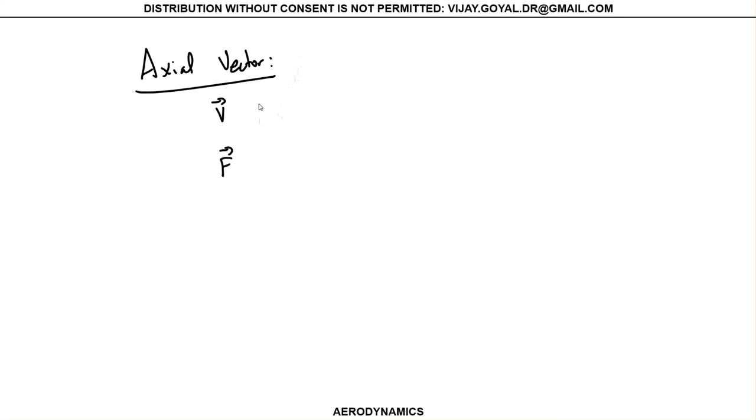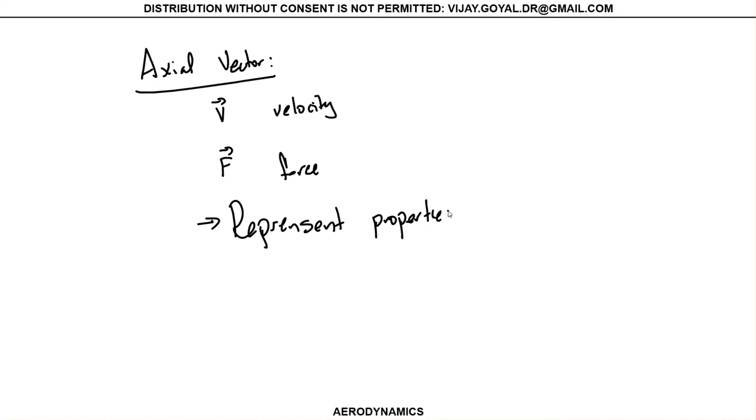Because they represent properties in the direction of the vector. Okay.